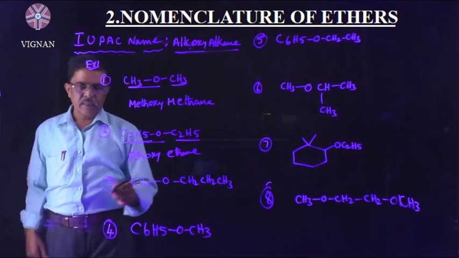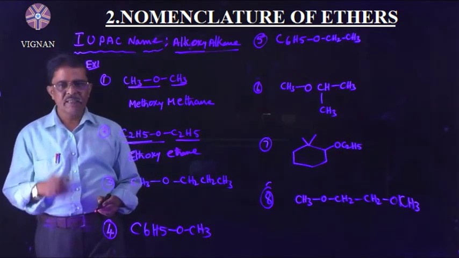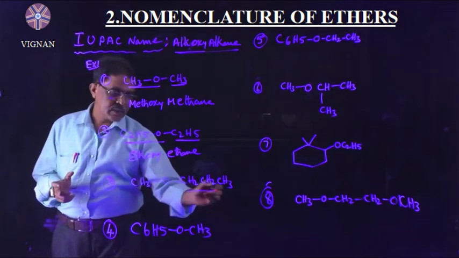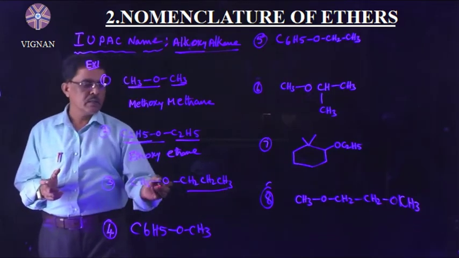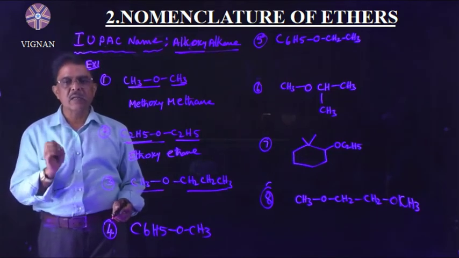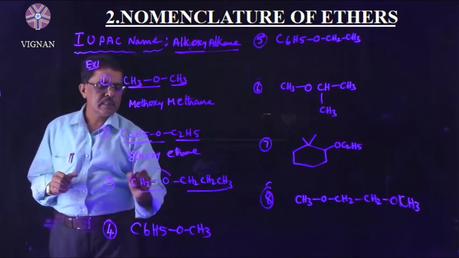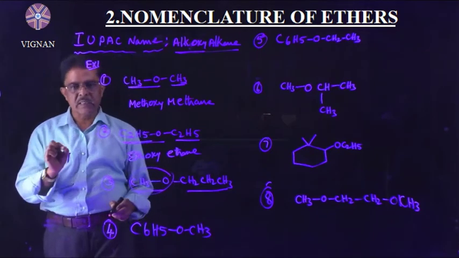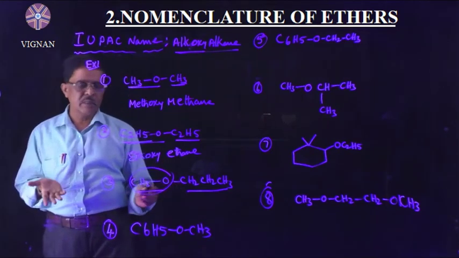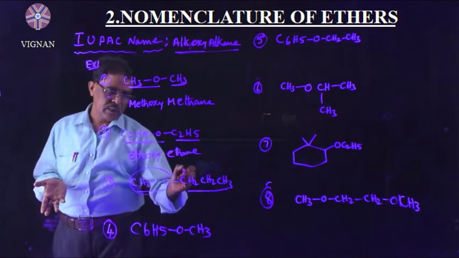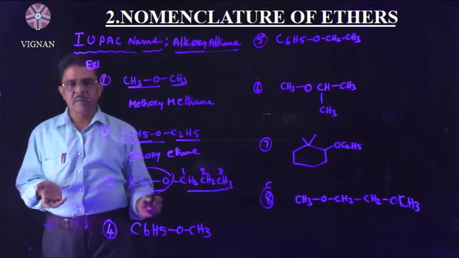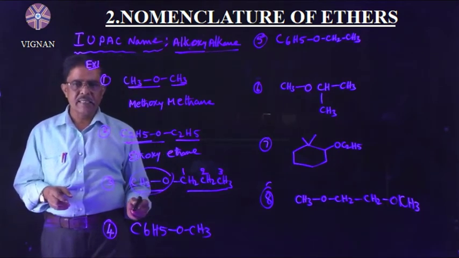We can write the name of this compound. Then take the third example. In the third case, the longest chain is the hydrocarbon part, and the smaller chain is considered the alkoxy part. So this is considered the alkoxy part, that is methoxy. We have to mention the position of methoxy: first carbon, second carbon, and third carbon atom of the longest chain.